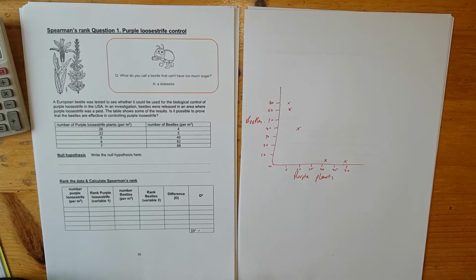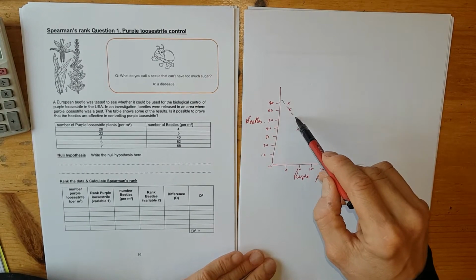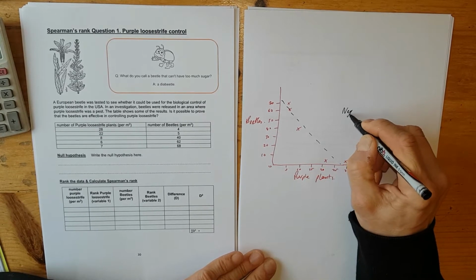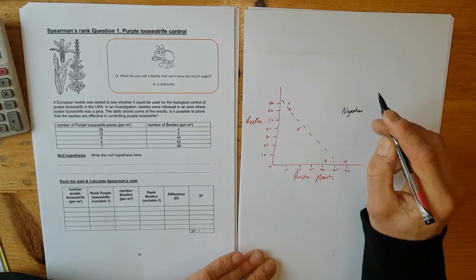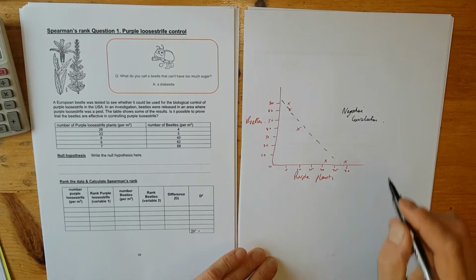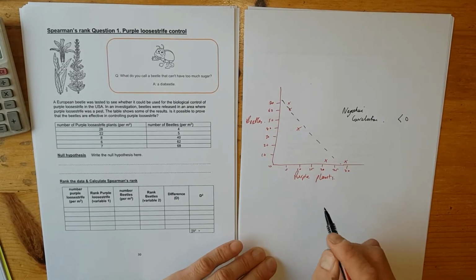And if we had to draw a correlation, that would be a negative correlation. So it'd be less than 0, so it'd be minus something. So that kind of looks all right.